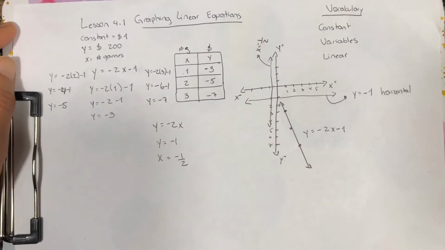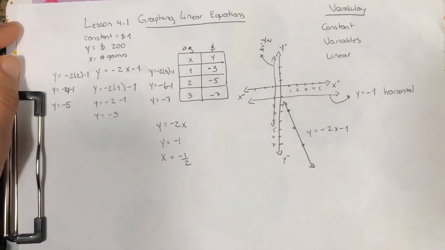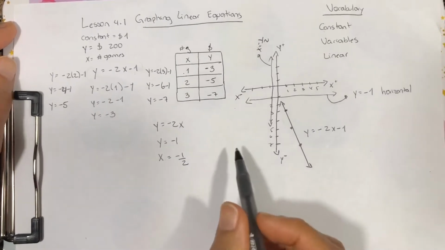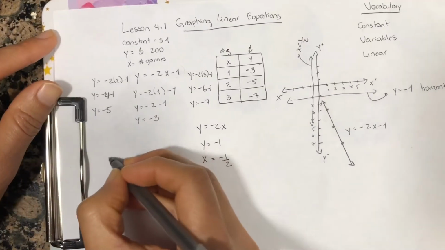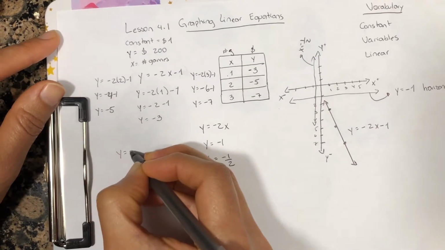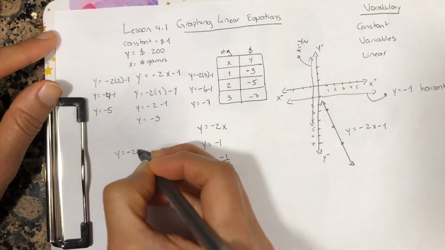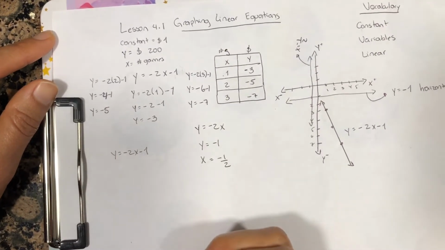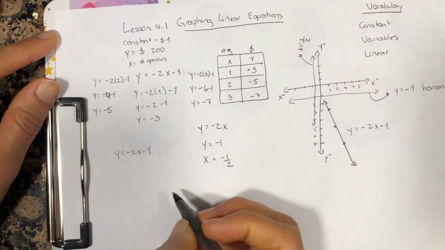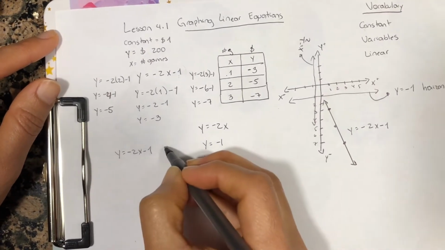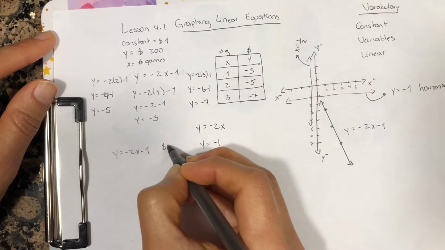Now, sometimes you will need to solve for x or for y. For instance, in our same example, y equals minus 2x minus 1, and they are asking you, how many games can I play if I can only spend $5?